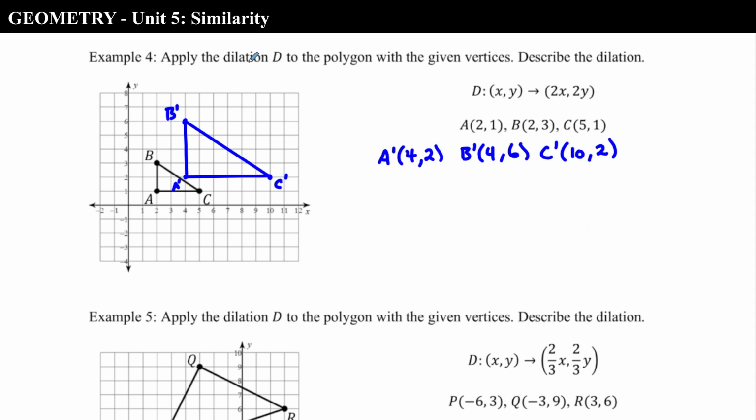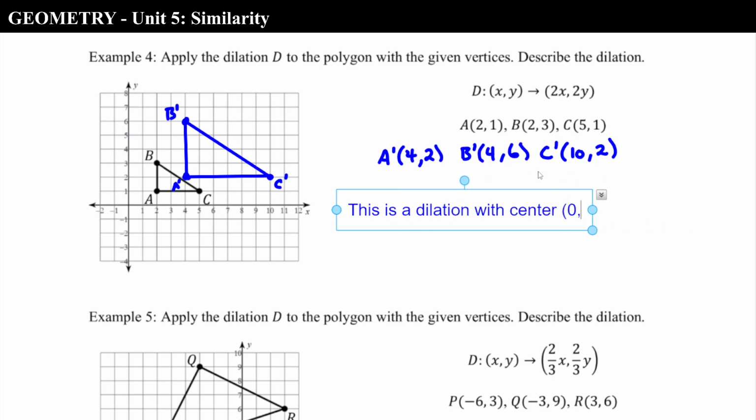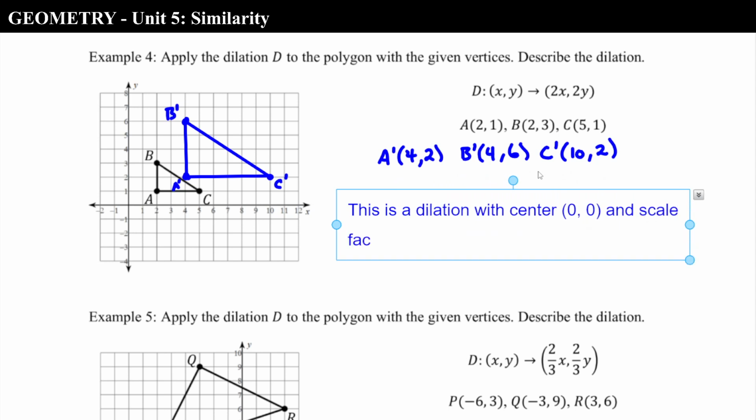And so this is our dilated figure. Now let's describe the transformation. It is a dilation. So here's our description. This is a dilation with center 0, 0 and scale factor 2.